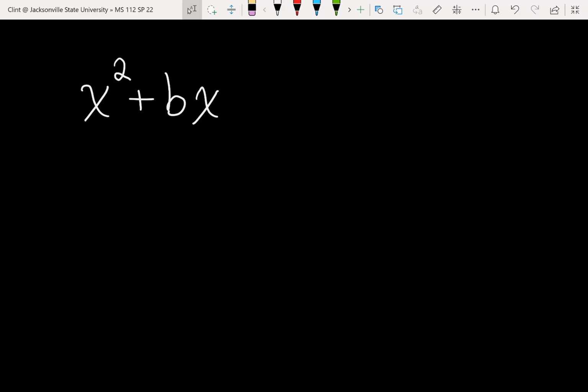And our magic number that we're going to add is going to be of this form. We take whatever the number in front of the x is, b, divide that by 2, then square it. Now this thing is a perfect trinomial square and it's easy to factor.